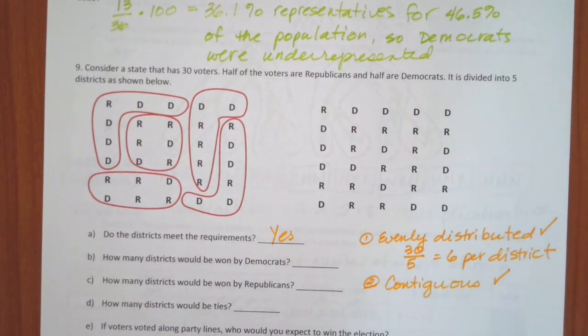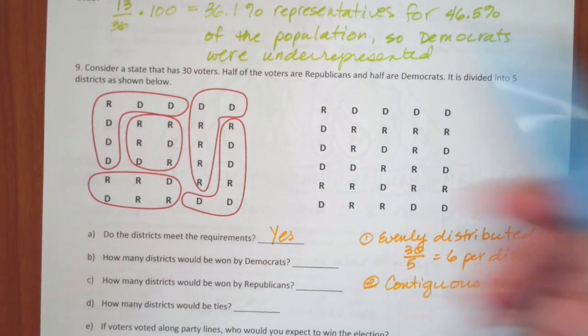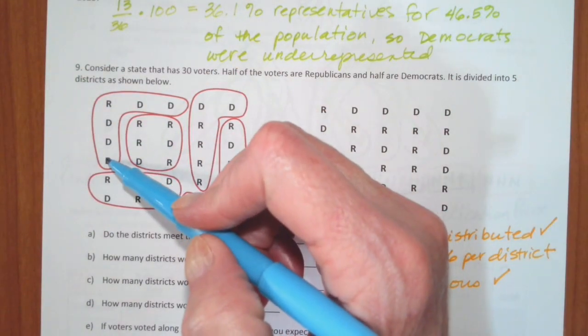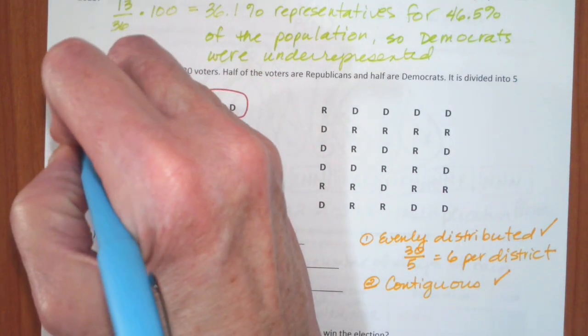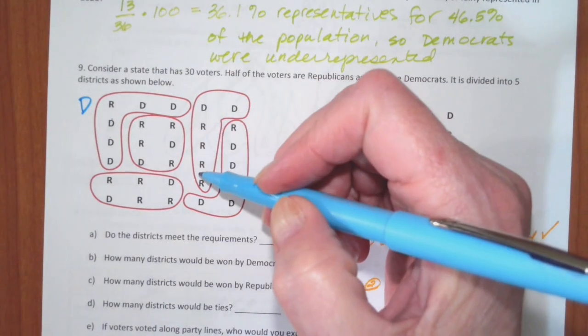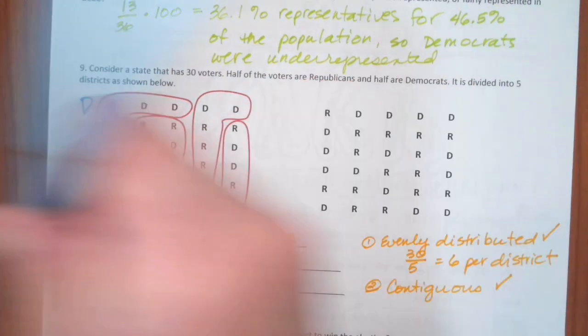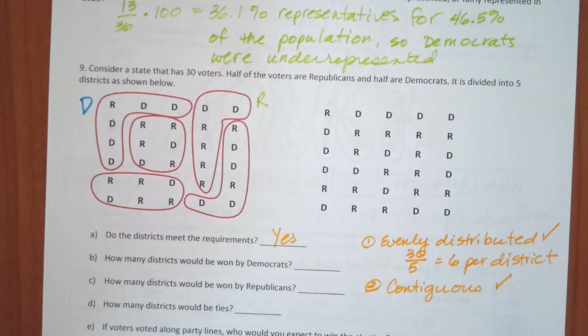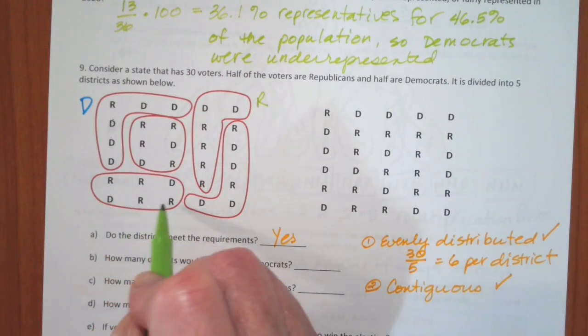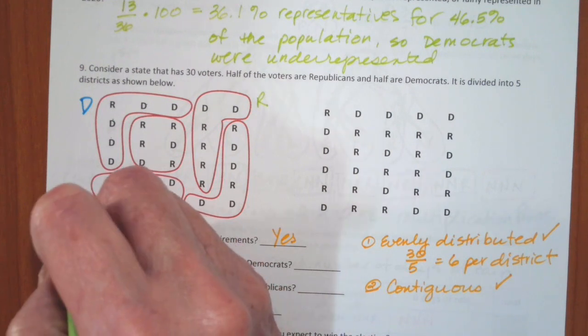All right, so now we just need to find out how many were won by Democrats and how many were won by Republicans. So here, out of the 6, there are 1, 2, 3, 4, 5 Democrats. So this one went Democrat. Here there are 1, 2, 3, 4 Republicans. So this one went Republican. Here we have 1, 2, 3, 4 Republicans.